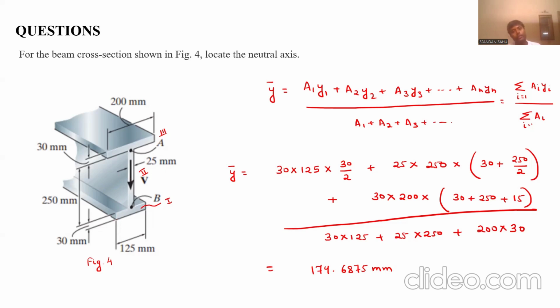Correct? So this is how you have to calculate the neutral axis for any given section. Please note it down and let me know if there is any doubt related to this question.